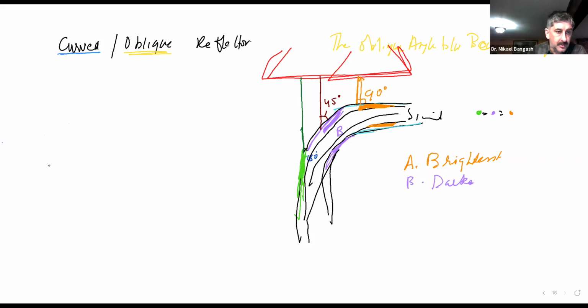And when we go to the C part here, it is going to be darkest. Or we can mainly say in this case that's probably going to be no reflection. Did you guys get that?